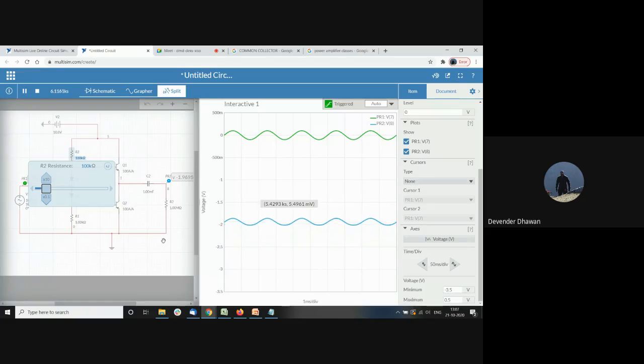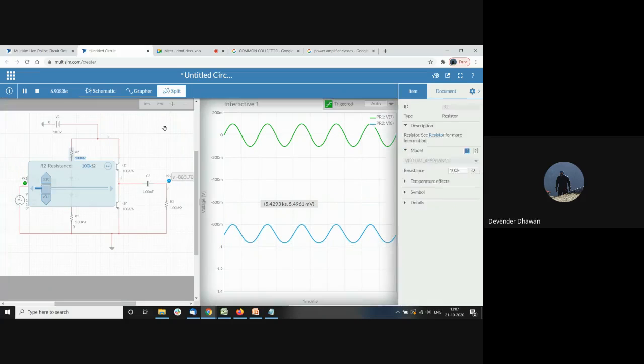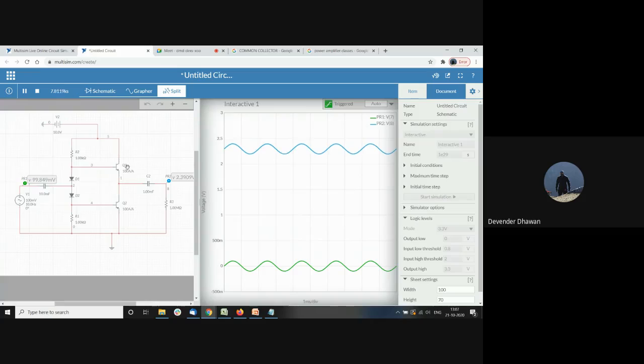So this is because some offset comes in, and it is coming down.